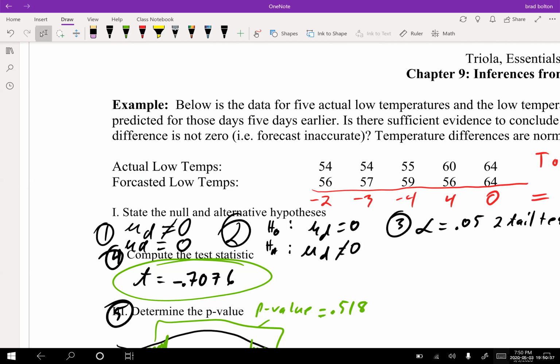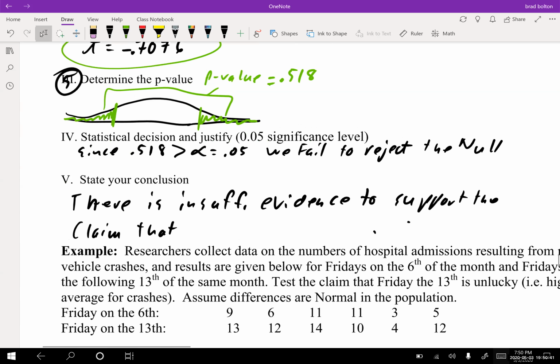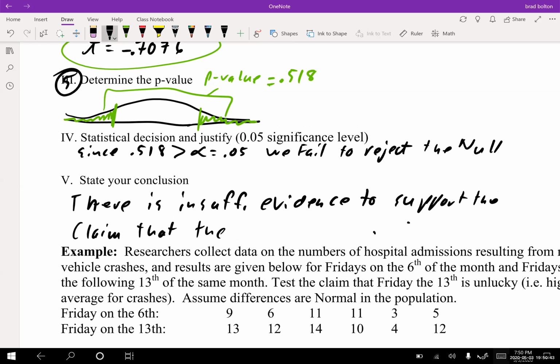Is there sufficient evidence to conclude the mean difference is not 0? To claim that the mean difference is not 0, we cannot support that, okay?